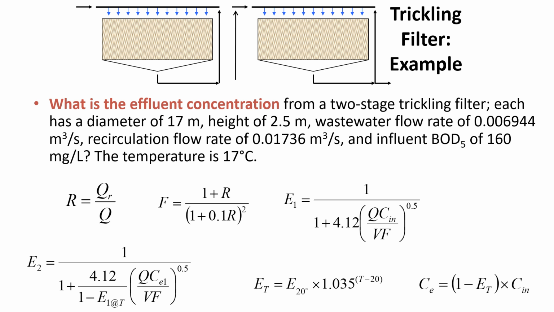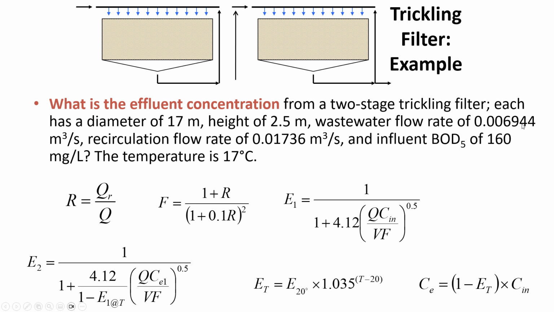So let's use these equations to consider this trickling filter example. Let's say that we've got a two-stage trickling filter. So water comes in to one, part of it's recirculated, part of it goes to the second filter, through which there's recirculation, and then the water ultimately goes out. We know the diameter of each of these filters and their height. So from that, we'll be able to calculate the volume of the filter, which is an important parameter here in calculating the removal efficiency.